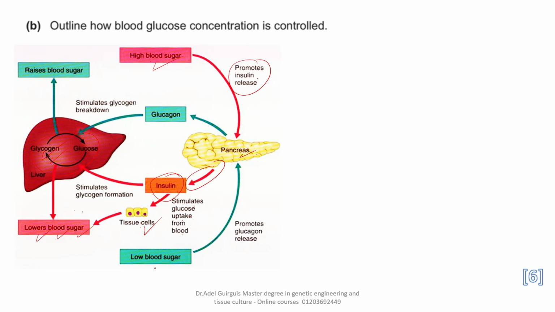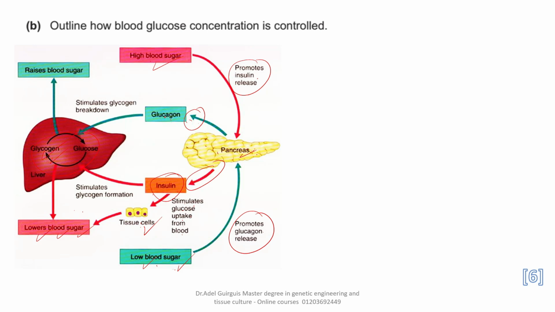When we are fasting or exercising, the low blood glucose level stimulates glucagon release from the pancreas also. Glucagon is a hormone secreted from the pancreas during exercising or fasting.